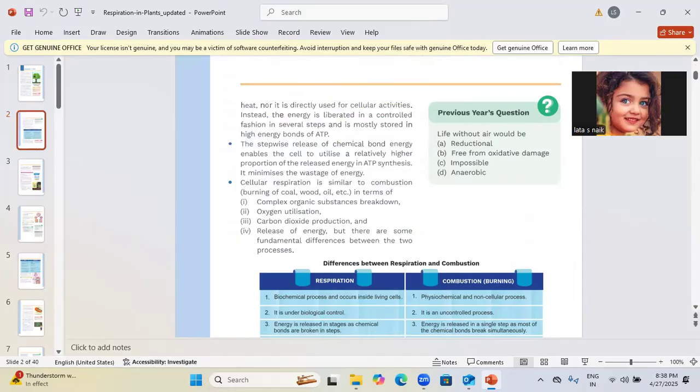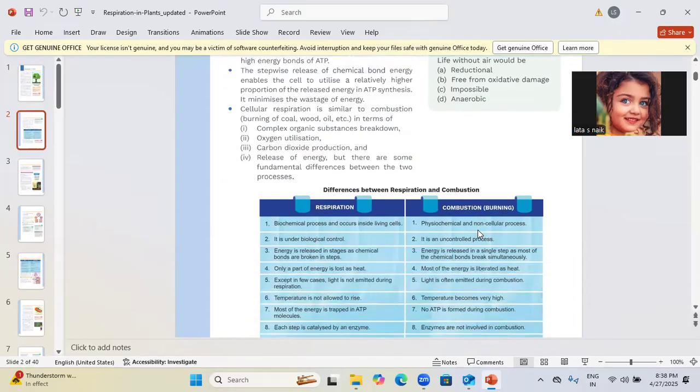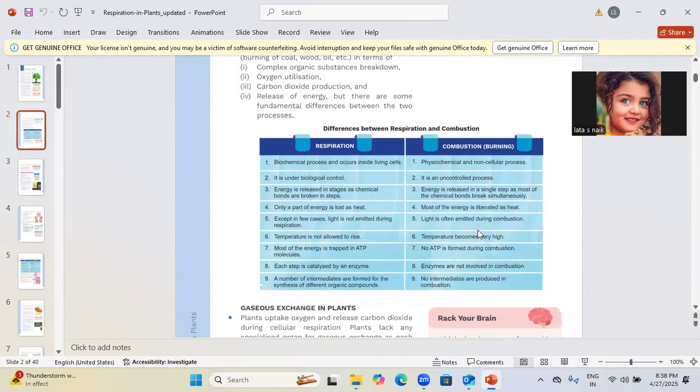So cellular respiration is similar to combustion, that is burning of coal, wood, oil, etc., in terms of complex organic substance breakdown, oxygen utilization, carbon dioxide production, and release of energy. But there are some fundamental differences between the two processes. So what is this difference?